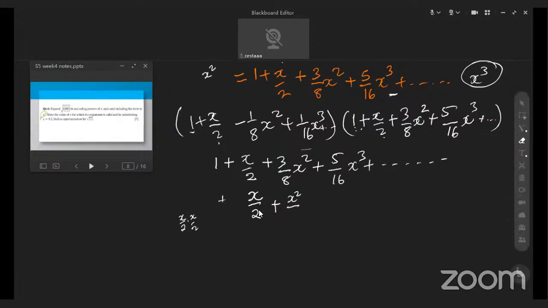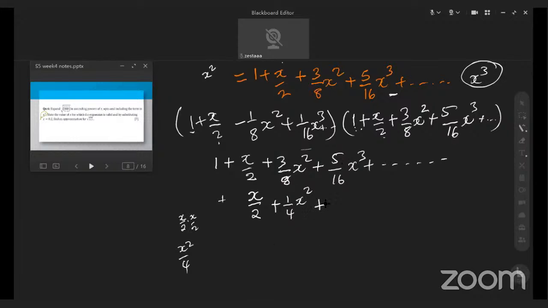I think this is 3 out of 8. So this times this will be x squared over 4. This is the same as 1 out of 4 x squared. This is the form I wanted us to write it in. So you see that we are going to follow them in that corresponding order.